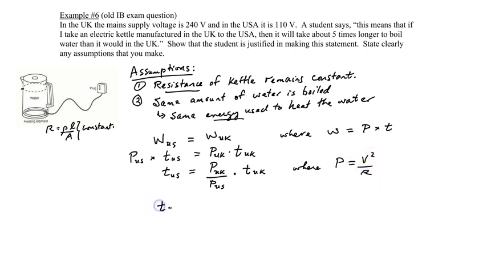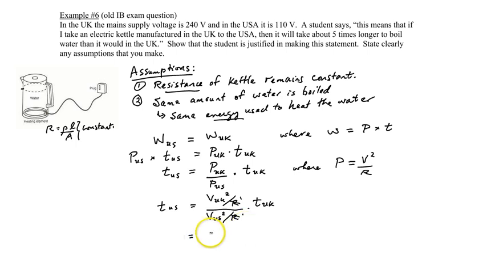So now we replace that in for each the UK and the US. We have the voltage in the UK squared divided by the resistance divided by the voltage in the US squared divided by the resistance multiplied by the time in the UK. And you'll see that the resistance cancels out because we're assuming it's the same kettle with the same heating element.